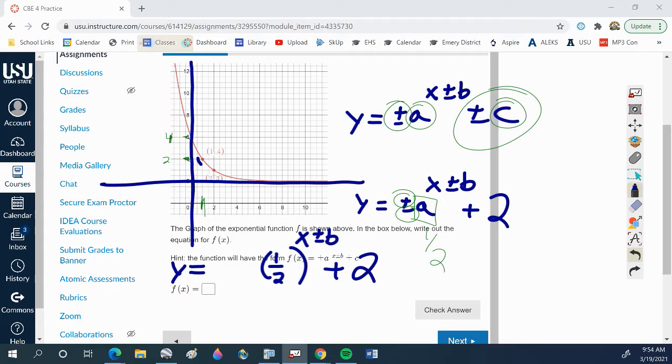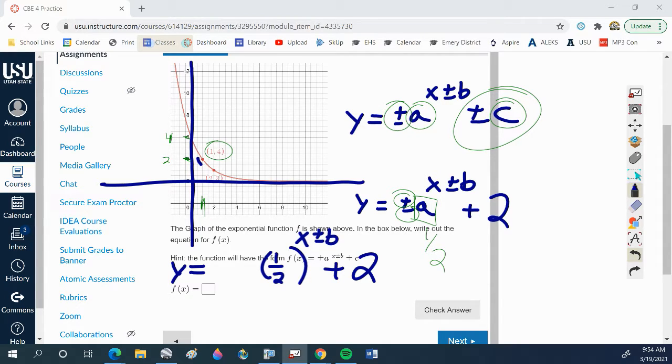How am I going to figure out b? That's the only thing I don't know. Well, I have an equation with 3 variables. Is there a way to figure out 2 of those variables so I can solve for the third? I know a bunch of x's and y's, right? So plug in a point.